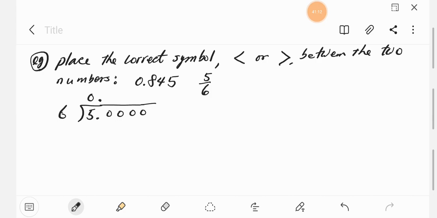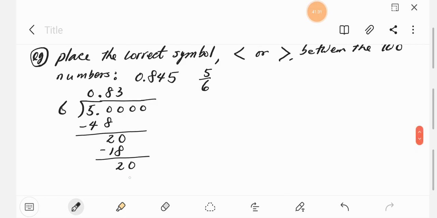For 50, how many 6 can fit? 8, right? So that is 48. Subtract, then 2, 0. And you can put 3, so that is 18, and minus 2, 0. This is repeating, right? You don't have to go further because 3 is repeating.